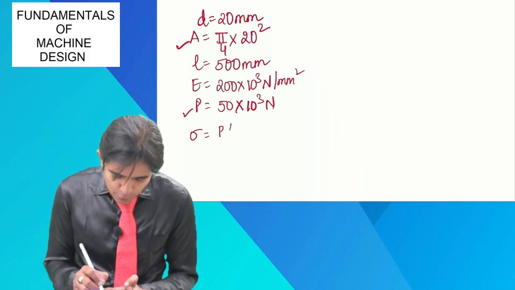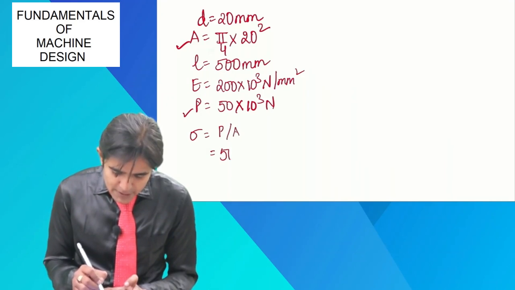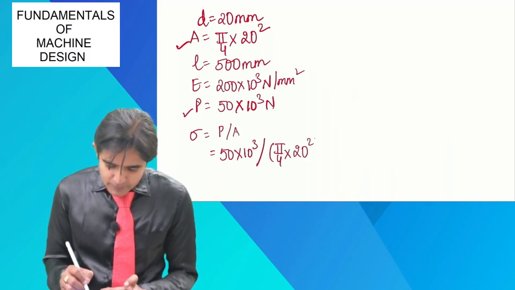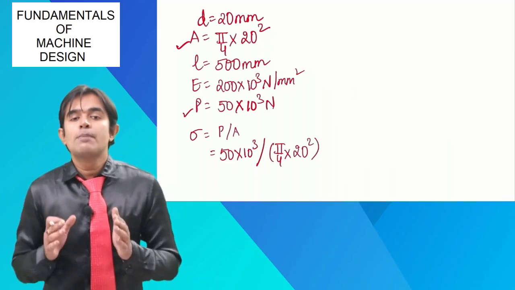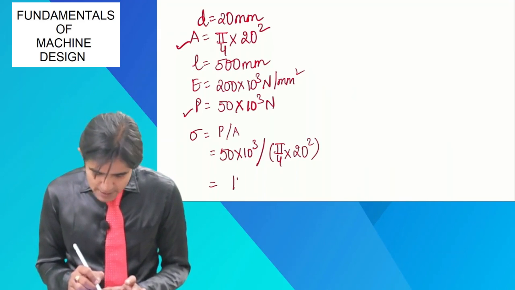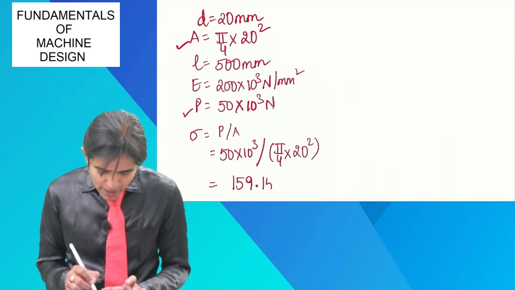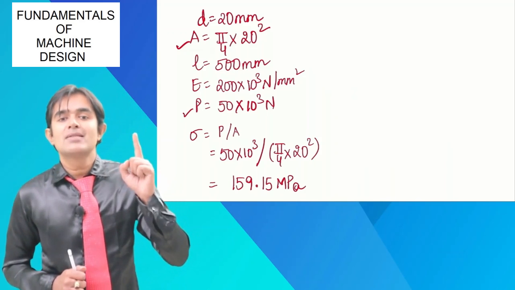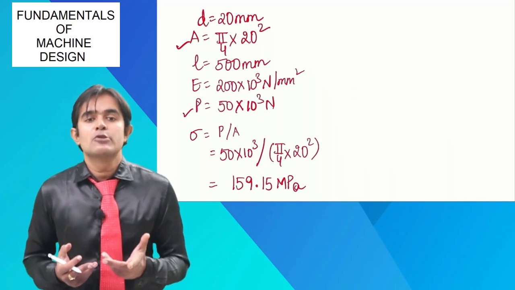Stress is force upon area, which is 50 into 10 raised to 3 divided by pi by 4 into 20 square. If I do the proper calculations, the answer turns out to be 159.15 megapascal. 1 megapascal is 1 Newton per mm square.